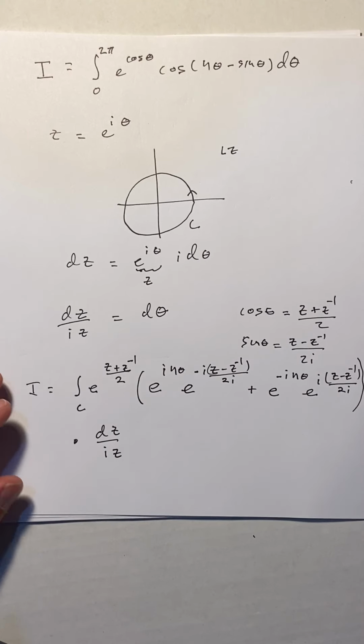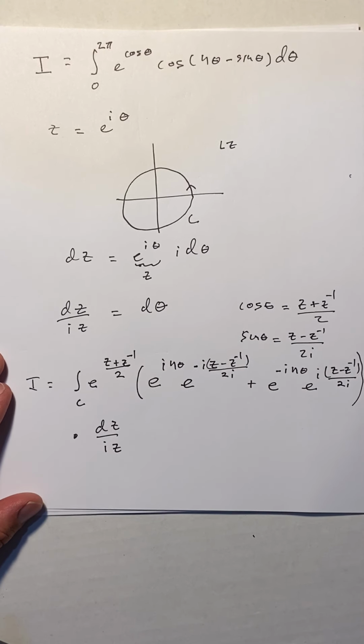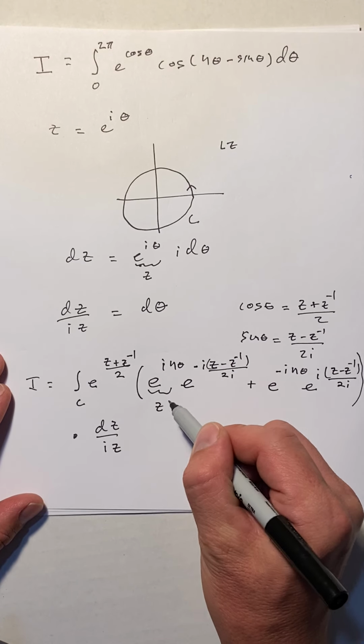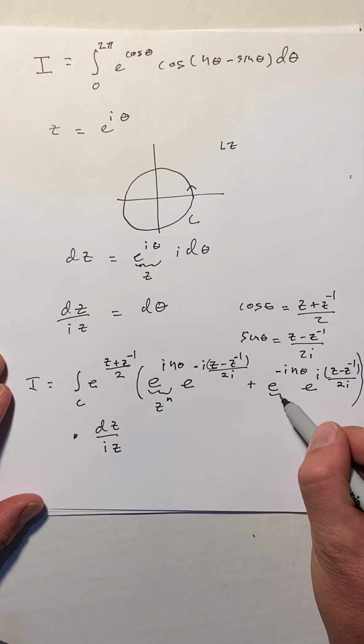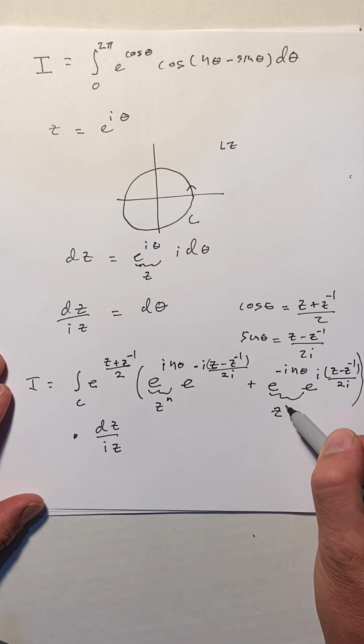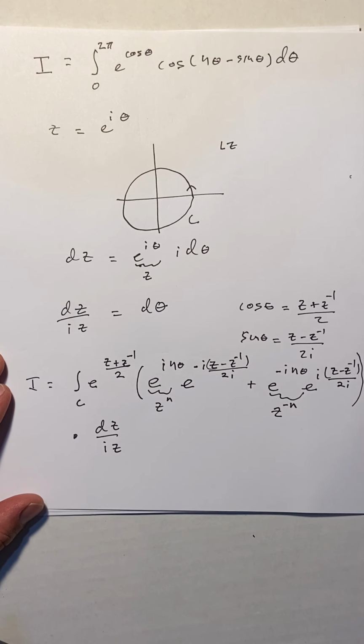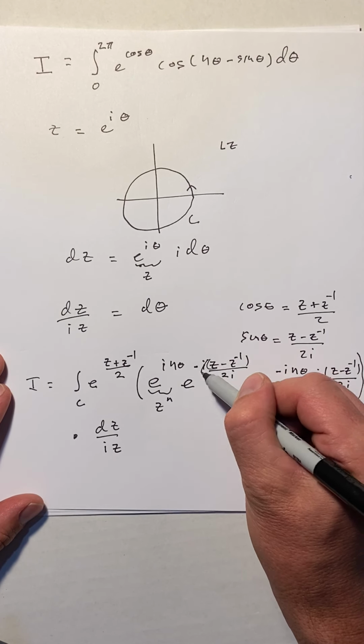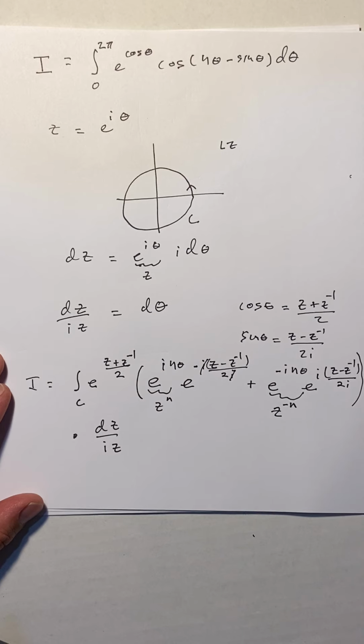Okay. Now we have to go ahead and simplify this. This is z to the n. This is z to the minus n. I can cancel out the i here, and I can cancel out the i here.